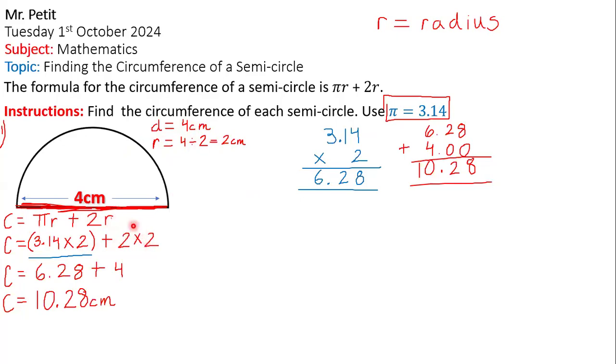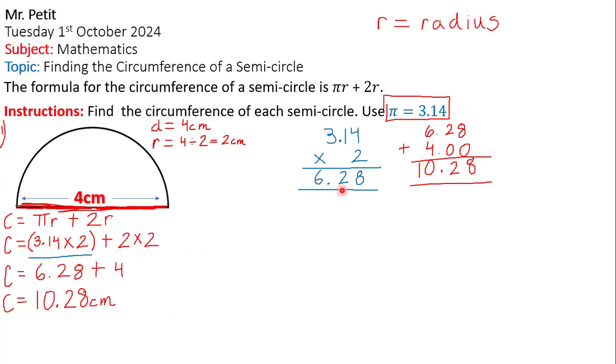Remember, r is 2, so whenever we see r, we put 2, and whenever we see pi, we put 3.14. So 3.14 multiplied by 2 gives us 6.28. And then 2 times 2 is 4. And then we add 6.28 plus 4, and that gives us 10.28 centimeters. And that's how we get it. Does that make sense? Let me know if that makes sense.